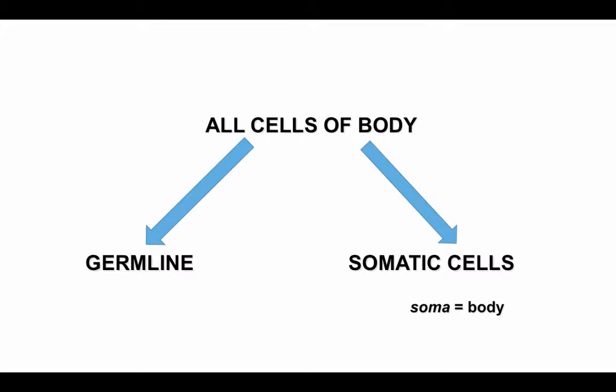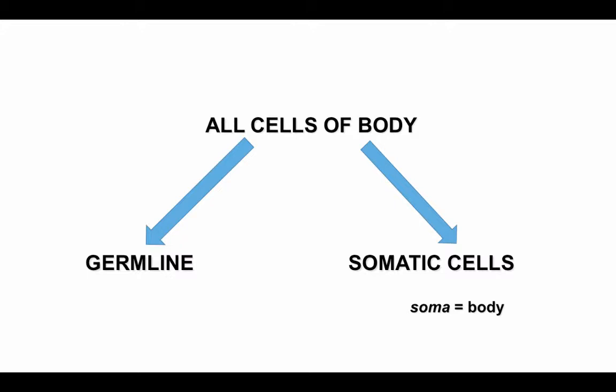In the male germline, all 4 of these haploid cells give rise to sperm. In the female germline, only one of the 4 haploid cells resulting from meiosis II is destined to become the ovum or egg. Both sperm of the male and the ova of the female are collectively referred to as gametes.